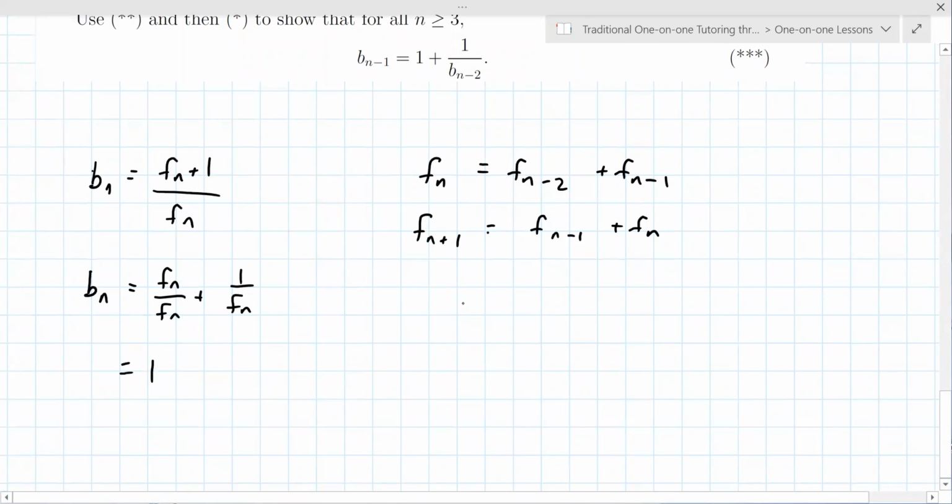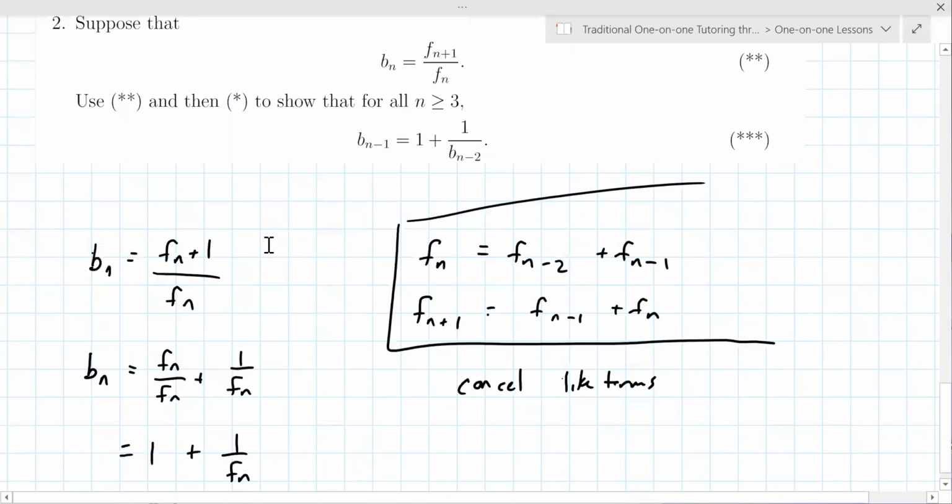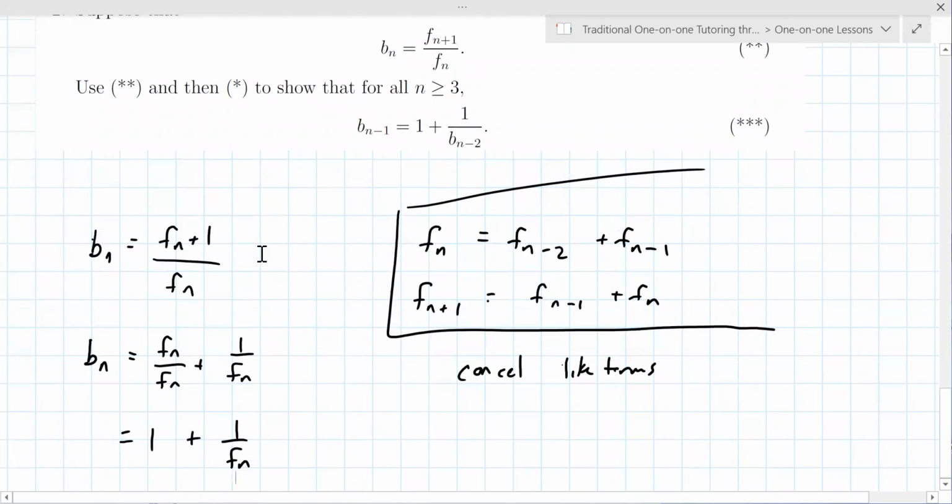So we'd want to somehow, I don't know about this discussion here quite yet. You want to say that they cancel like terms or divide each, plus 1 over Fn. And so Fn, we could write as any of these combinations here, but that doesn't seem to equal what they want.